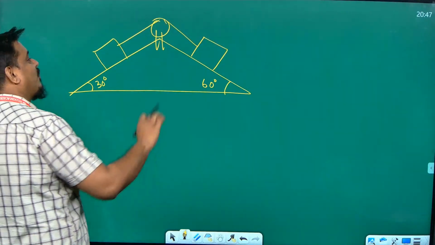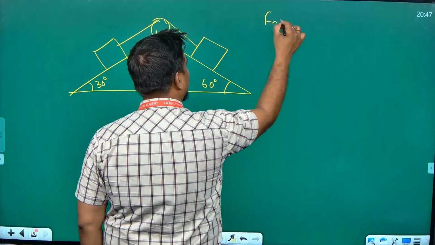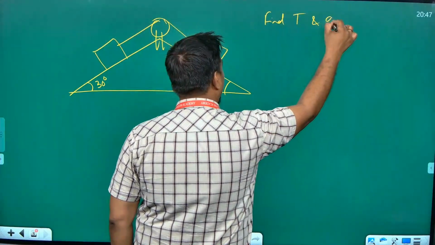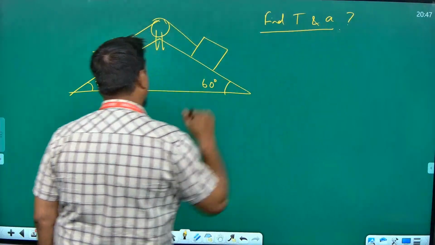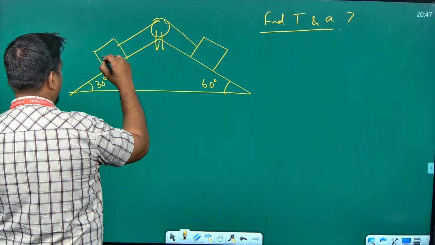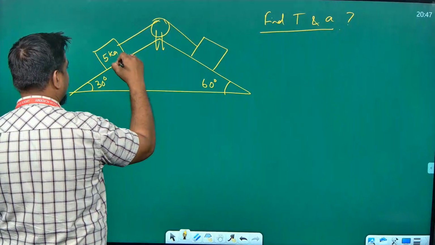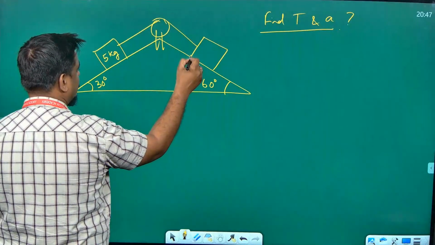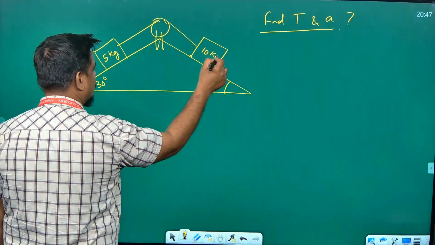Let me make the question a little more complicated. Find tension and acceleration. Find both, okay? Here it is 5 kg mass. Here it is 10 kg mass.